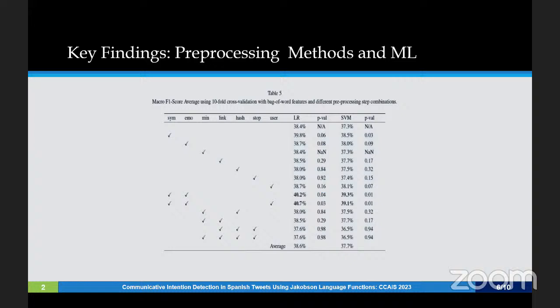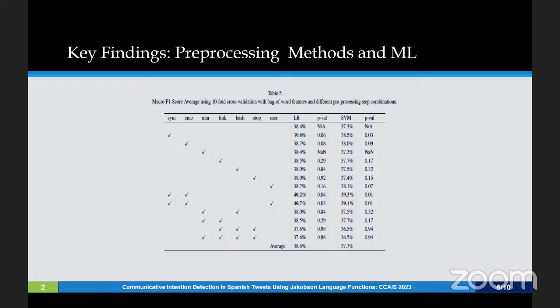First, regarding the experiments of preprocessing methods in ML, in Table 5 a summary of the individual preprocessing step results is presented, highlighting the combinations that achieve the highest average F1 score. We use this metric because our objective was for every category of intention to have the best classification results.